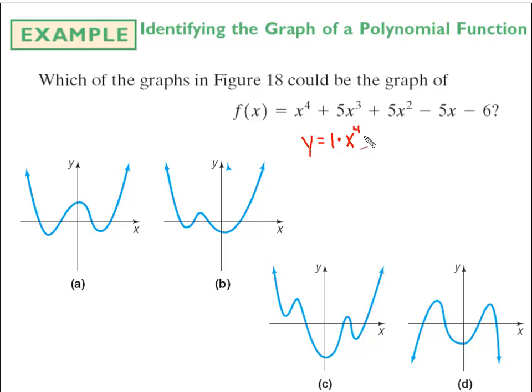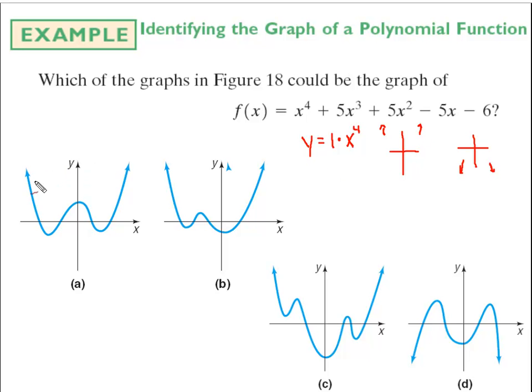Since it has even degree, it should look like a parabola. It's either going to look like a parabola that opens upward, or one that goes off in the same direction pointing downward, and that all depends on the coefficient. Since the coefficient here is positive 1, I know it's going to open up.